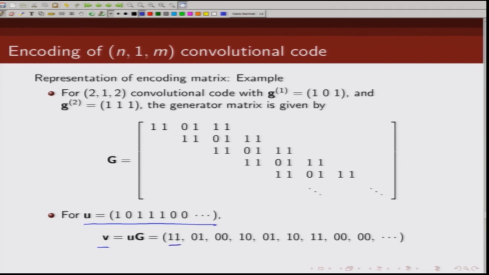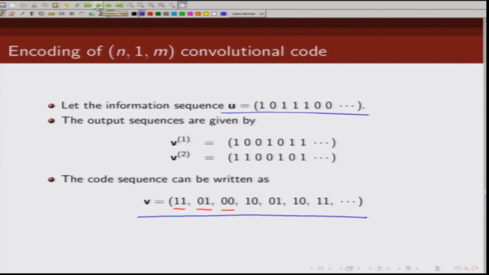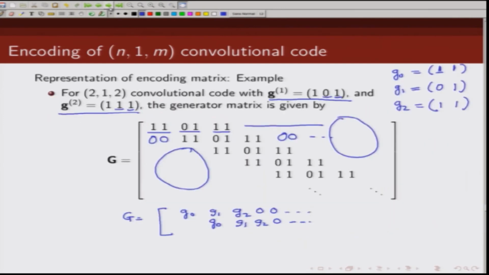So, 1 times this plus 0 times 1 1, that will be 0 1. Next 1 0 1. So, 1 times 1 1, 0 times this, 1 times this. So, that is 0 0. So, we can see basically we are getting the same output sequence. We can just verify 1 1 0 1 0 0, 1 1 0 1 0 0. So, we are getting the same output sequence as before.